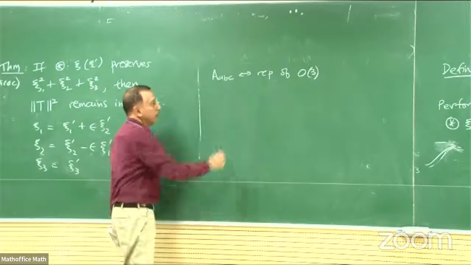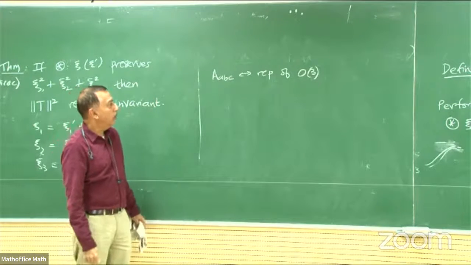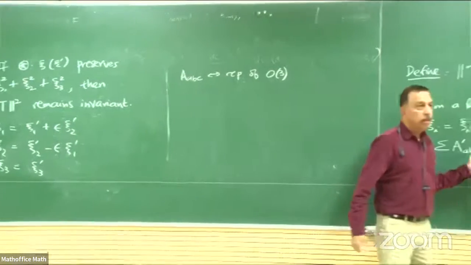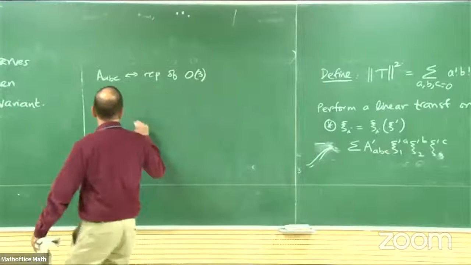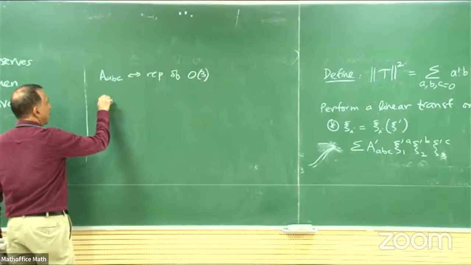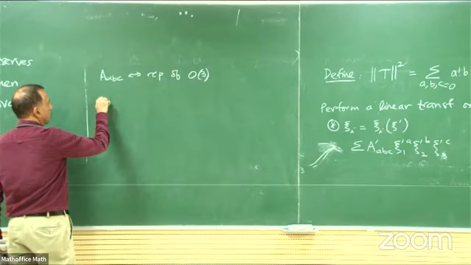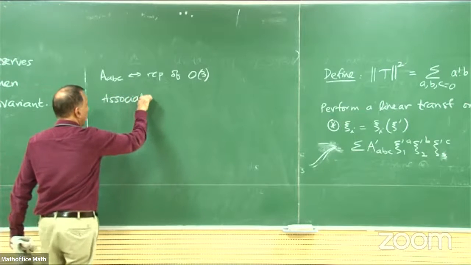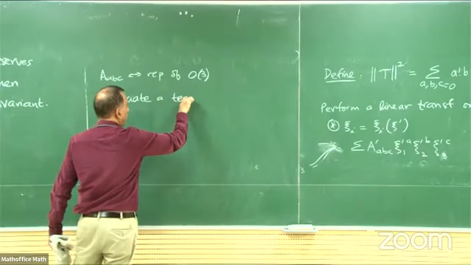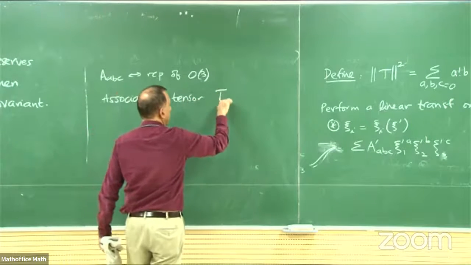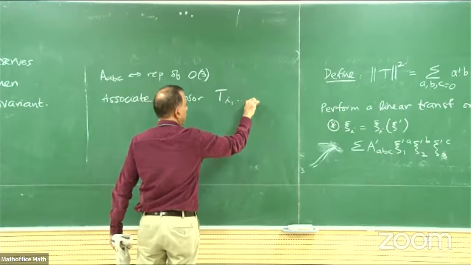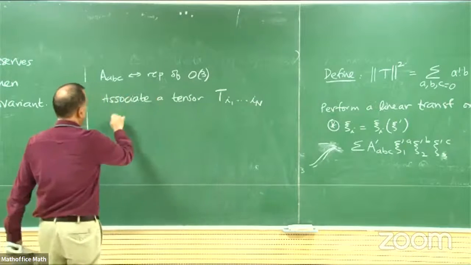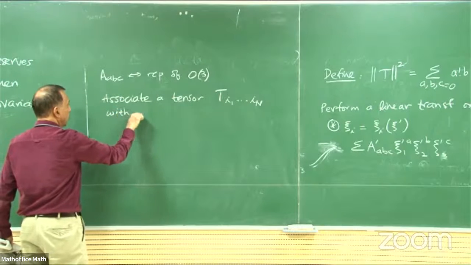So what are A, B, and C? They are the number of powers of psi1, psi2, and psi3, respectively, in this. And so Dirac sets up the following. He says, associate a tensor T I1 up to IN with A, B, C as follows.